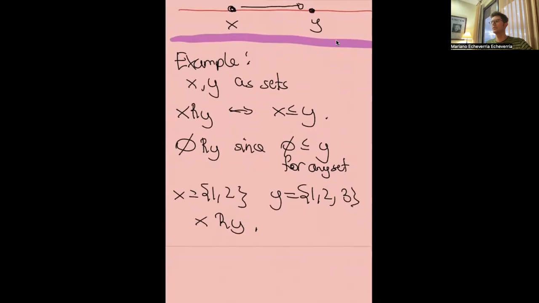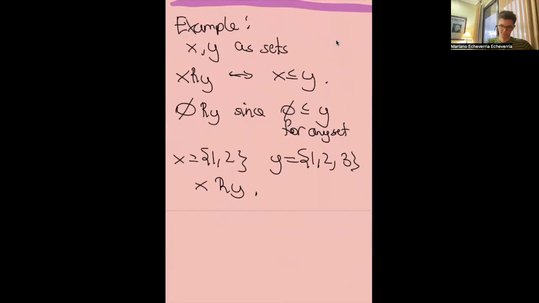It's not difficult to check that if you take your elements to be sets, then this does give you an ordering relation. You have to work inside a universe of sets, but what I'm trying to say is that the inclusion of sets defines a poset, an ordering relation.